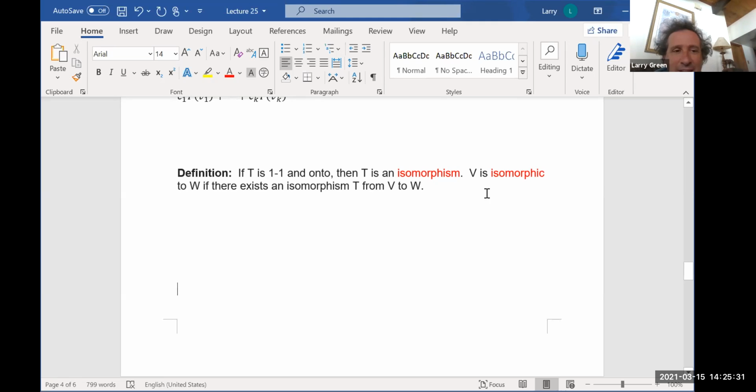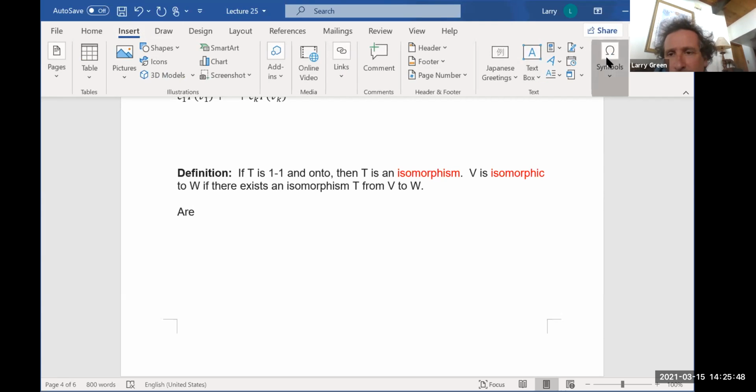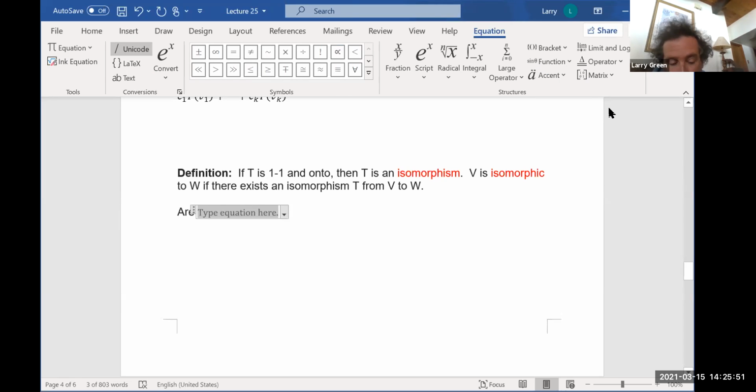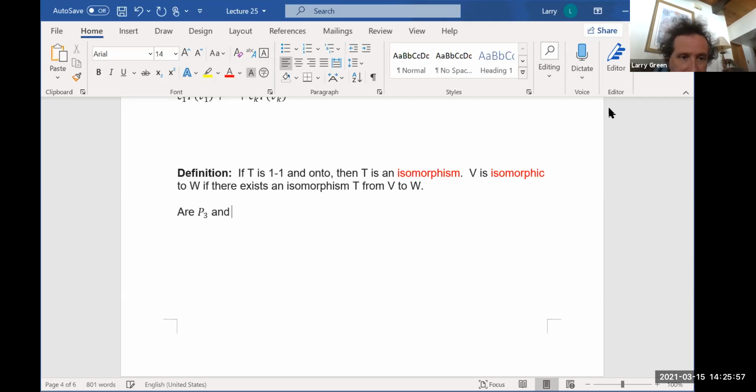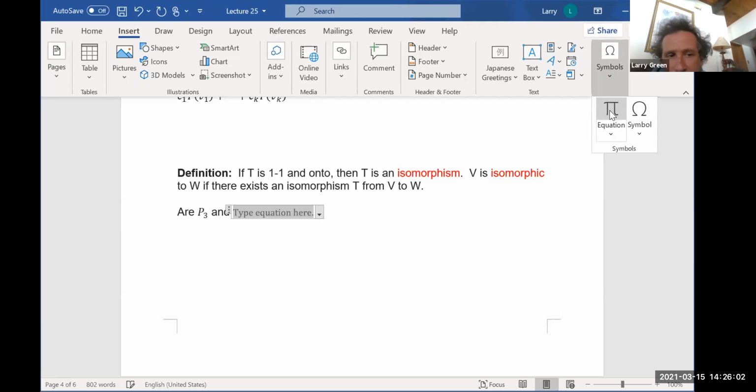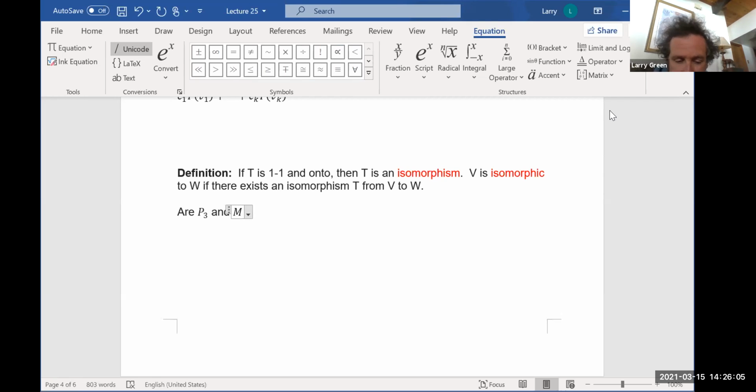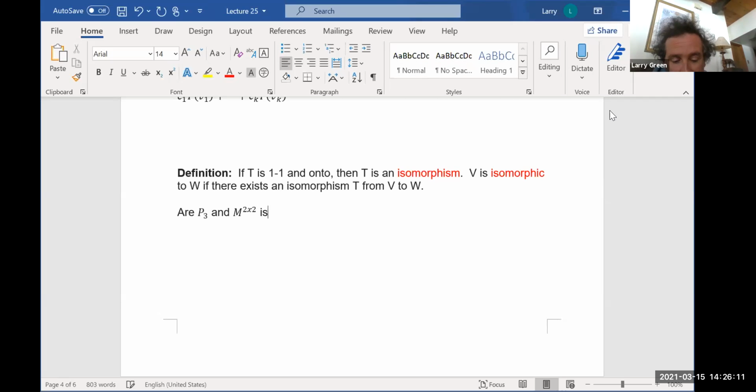We also say V is isomorphic to W if there exists an isomorphism T from V to W. So how about our P3 and M2 by 2: are they isomorphic?